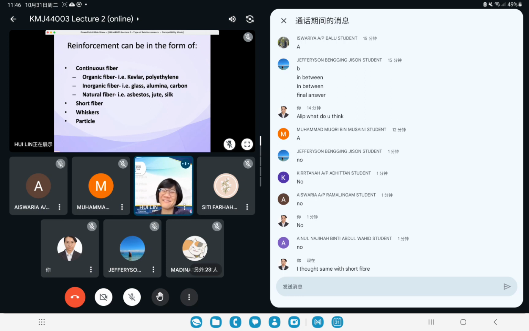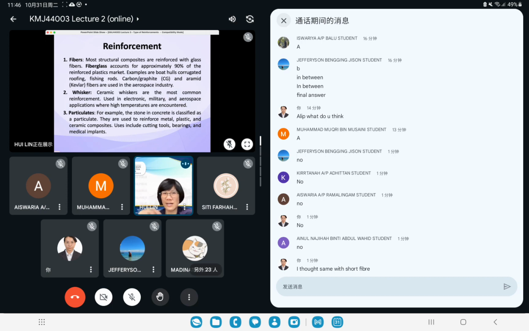So this cat-whisker type has an end that is a little bit sharp. That you call whiskers. But fibers not necessarily have a sharp end.